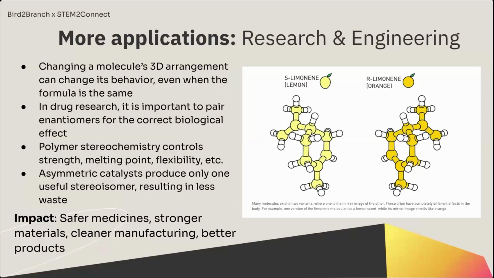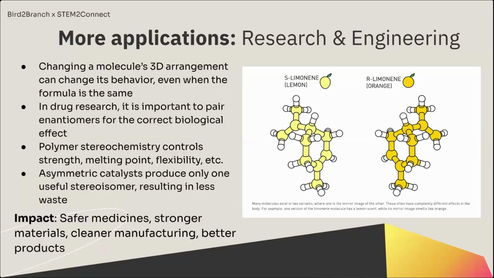So now we're going to talk about some more applications that might be more relatable to you. As we stated before, changing a molecule's 3D arrangement can change its behavior even when the formula is the same. So in drug research, it is important to pair enantiomers for the correct biological effect. And polymer stereochemistry controls things like strength and melting point. An asymmetric catalyst may only produce one useful stereoisomer.